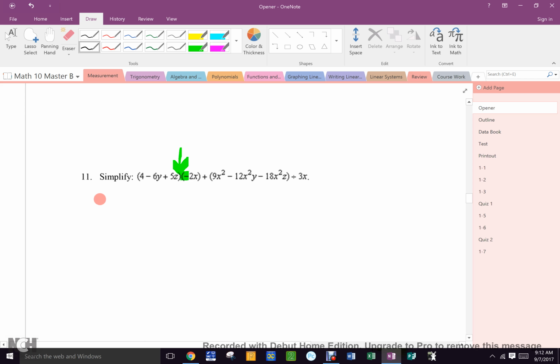So what's it going to become? Negative 8. Can I forget about the x? No, but everybody does. It's something that drives us math guys crazy. What's that negative 6 going to become? Positive 12. And what happens with the letters? X, Y. You can't put x and y together in any other form than that. What's going to happen to the positive 5? It's going to become negative 10xz.